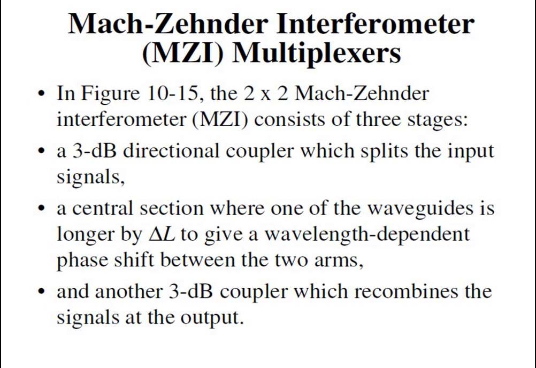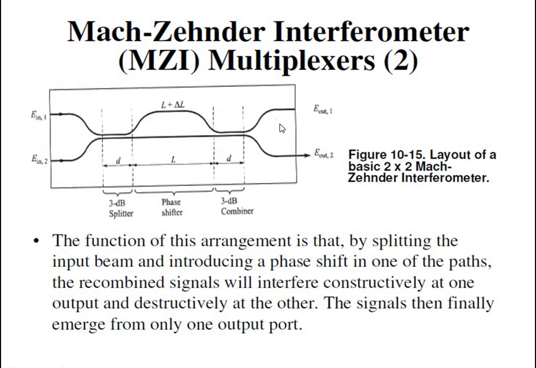These devices can be either active or passive devices. Here figure 10.15 shows the individual Mach-Zehnder interferometer, or MZI.